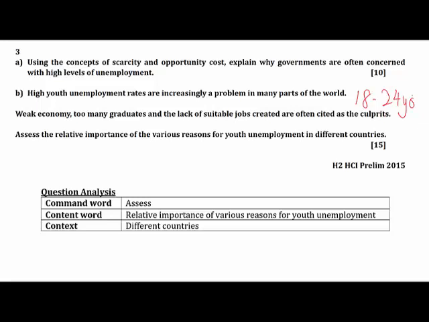So for this youth unemployment, you have various reasons. Some of the reasons provided in the preamble: weak economy, too many graduates, lack of suitable jobs, often cited as culprits. So you are asked to assess the relative importance. What you need to do for this question is look at these various reasons and see how relevant they are in being the main cause, or being a cause, of youth unemployment in different countries.